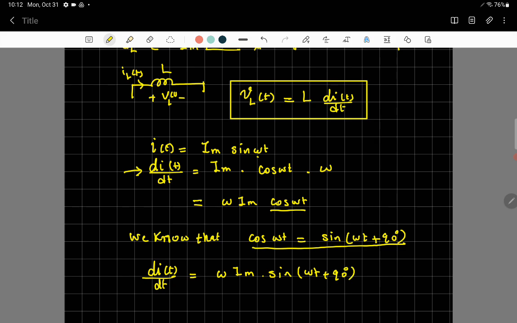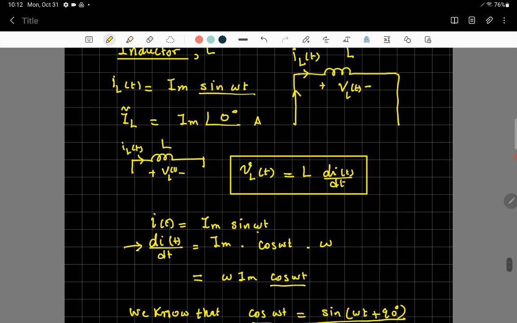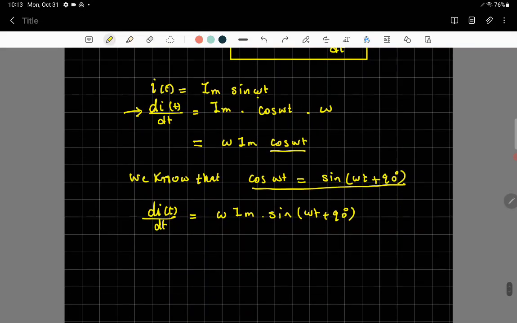That's di by dt. Let me remind you why we try to find di by dt: the voltage across the inductor is equal to L di by dt. So I multiply di by dt by L. The voltage across the inductor is equal to L di by dt.